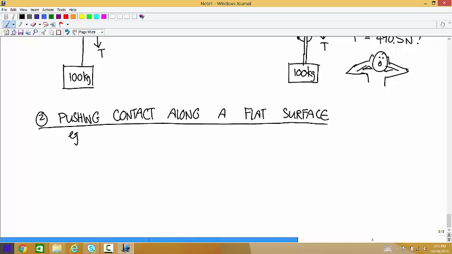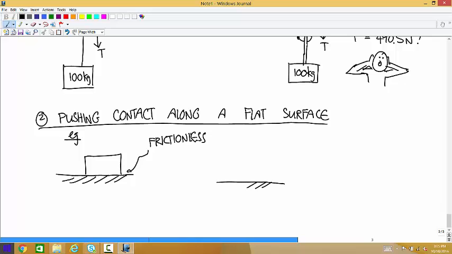So some examples of this are if you have a box sitting on the ground and you know that the contact is frictionless, or at least friction isn't going to affect how you treat this problem. Or if you have something on wheels in contact with the ground.